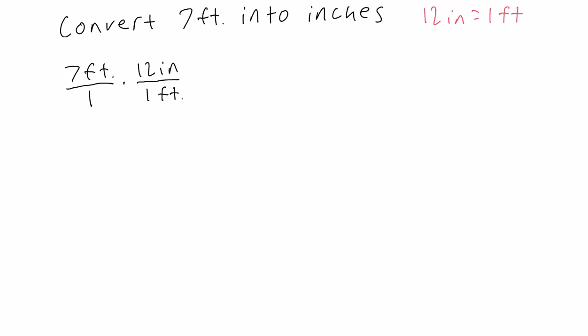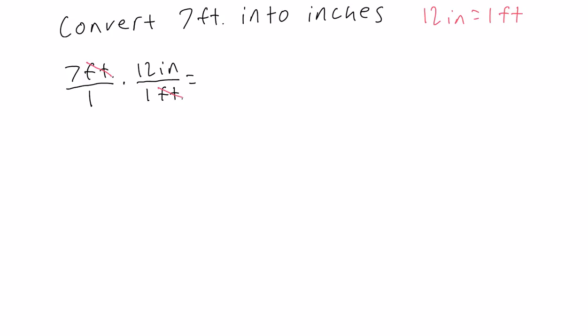So when we go to do this out, before we do anything, both of these feet cross each other out. The 2 units cancel each other out. So all we're left with is inches. And that's what we wanted because right here we want to convert it into inches. So that's how dimensional analysis works.